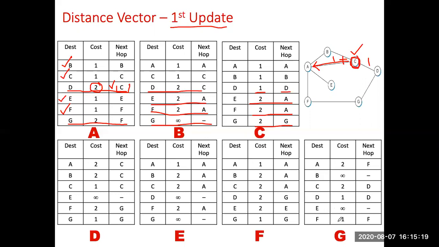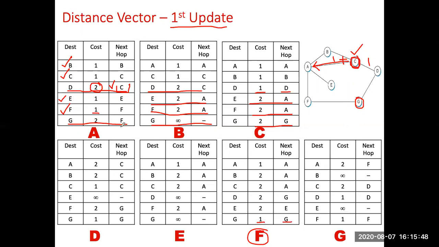A does not have the information of G. Why? Because it was not the immediate neighbor of A, but it was the immediate neighbor of F. A knows about F, and F was the immediate neighbor of G. So according to F, the cost of G was 1.